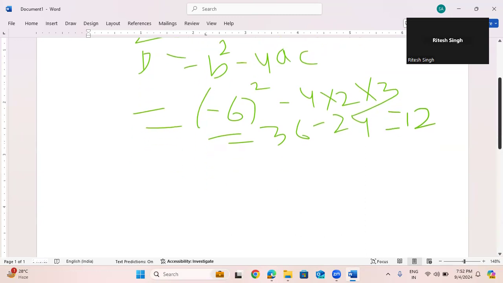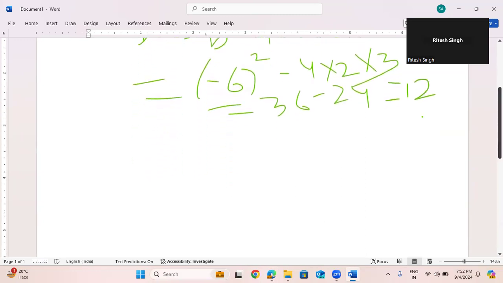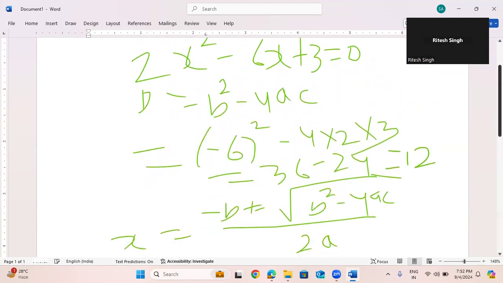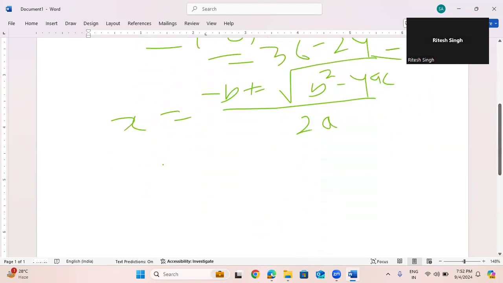So now we will try to solve this equation by using the formula. What is the formula? The formula is minus b plus minus root under b square minus 4ac, divided by 2a. Now we will put in the values. What is in place of b? In place of b it is minus 6.